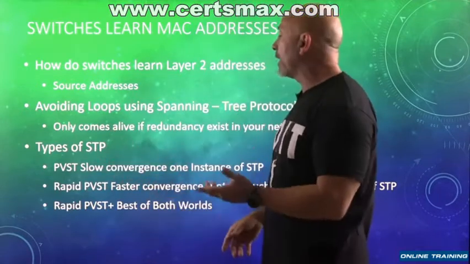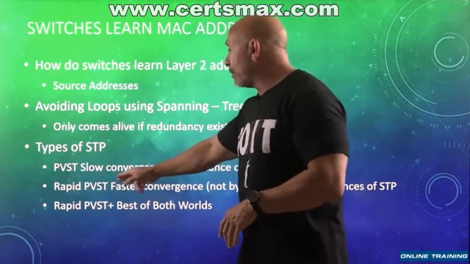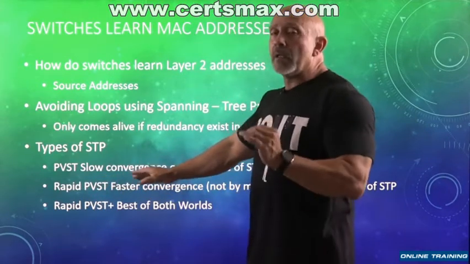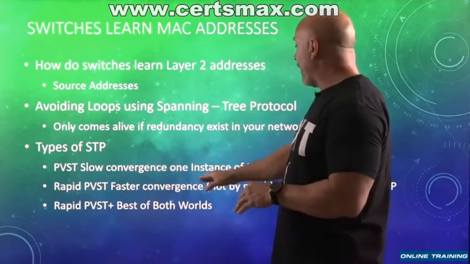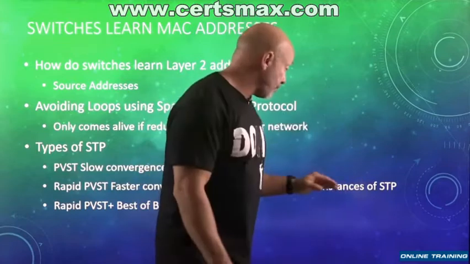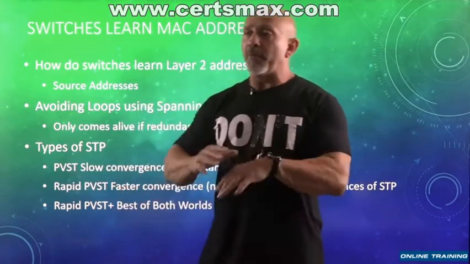So we want to upgrade that to rapid PVST. Now we have a little bit, not too much, faster convergence, and we have multiple instances of spanning tree. So if for whatever reason you want to create a different instance of spanning tree for a particular VLAN, you can.